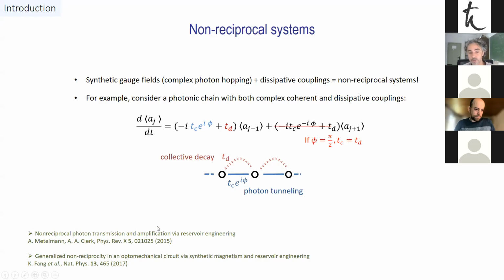This idea was very nicely introduced by Anya in her talk, and they presented this idea a few years ago already. And in the extreme case, when you have this competition between complex tunnelings and dissipative couplings, you can even have systems where propagation is only allowed, or systems are only coupled, in one single direction.